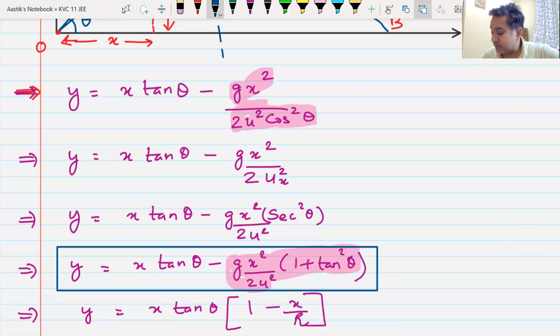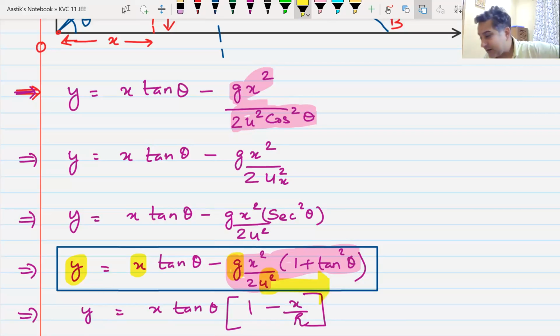If you look at equation number 4, y is given, x is given, and the value of u is also given. g is known to you. The only thing that is unknown in the entire equation is the value of tan theta. From there, you can get the value of tan theta.